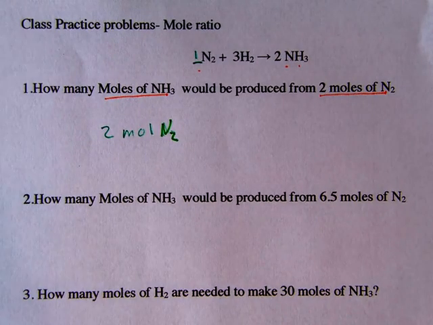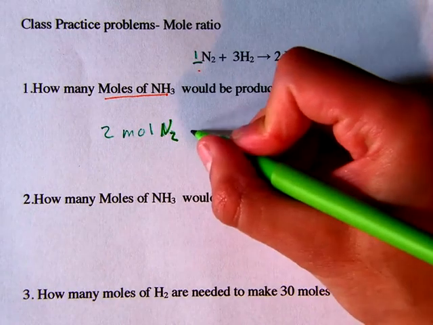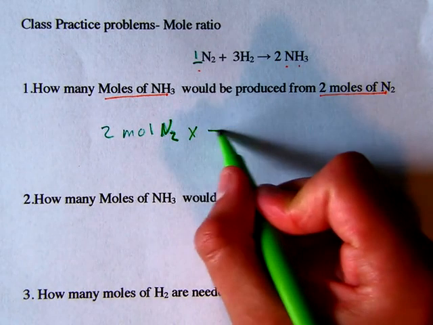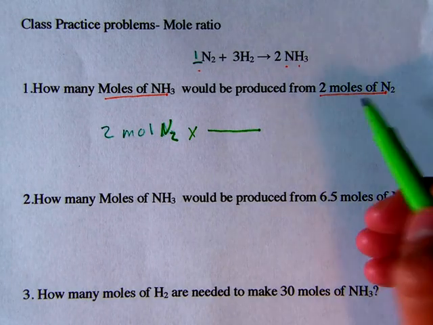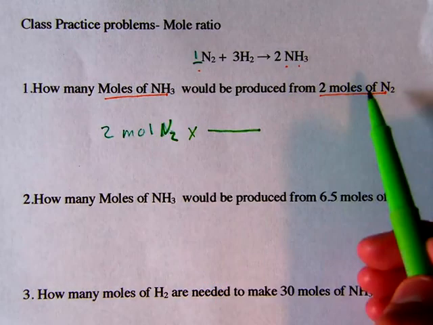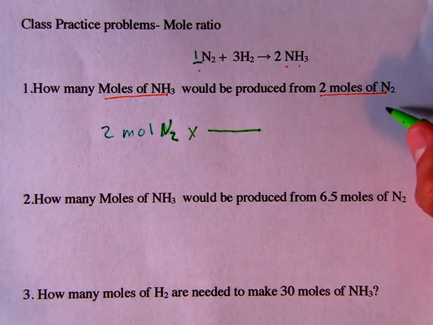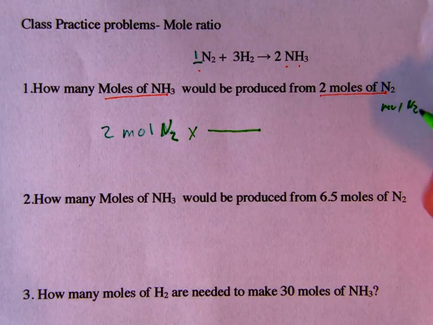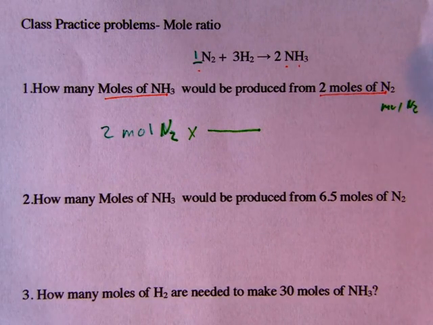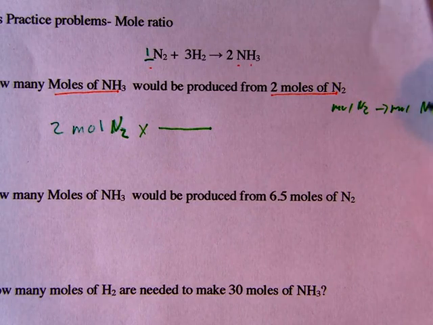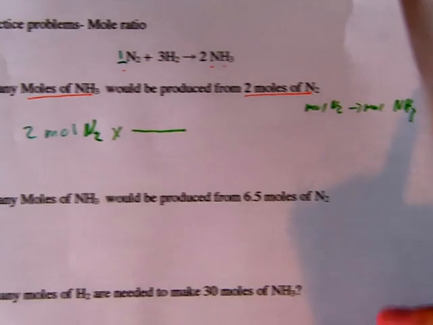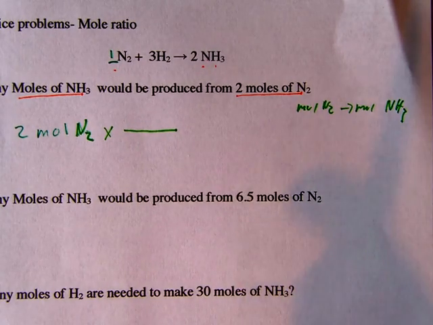Okay, I'm going to multiply that times a conversion fraction. If I look at the problem, I have moles of N2, but I want moles of NH3. In other words, I have moles of N2, but I want to convert it into moles of NH3. Okay, so I have this, but I want to convert it to this.